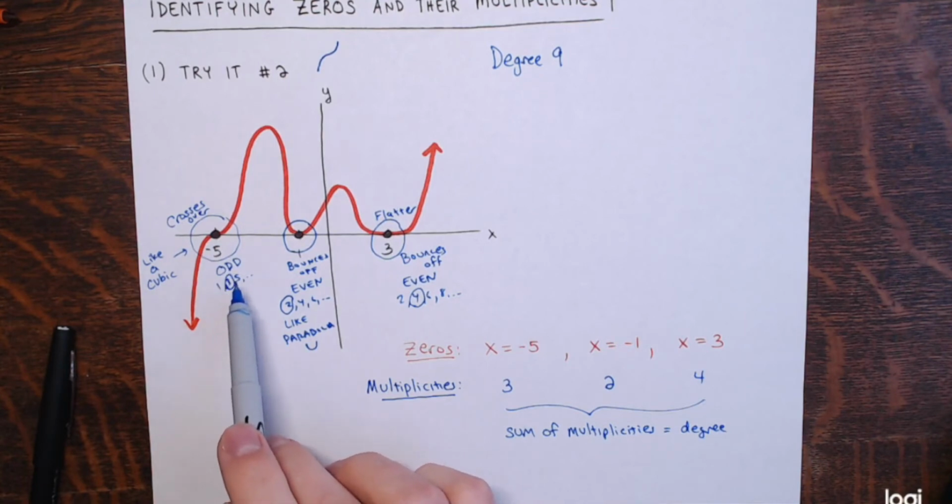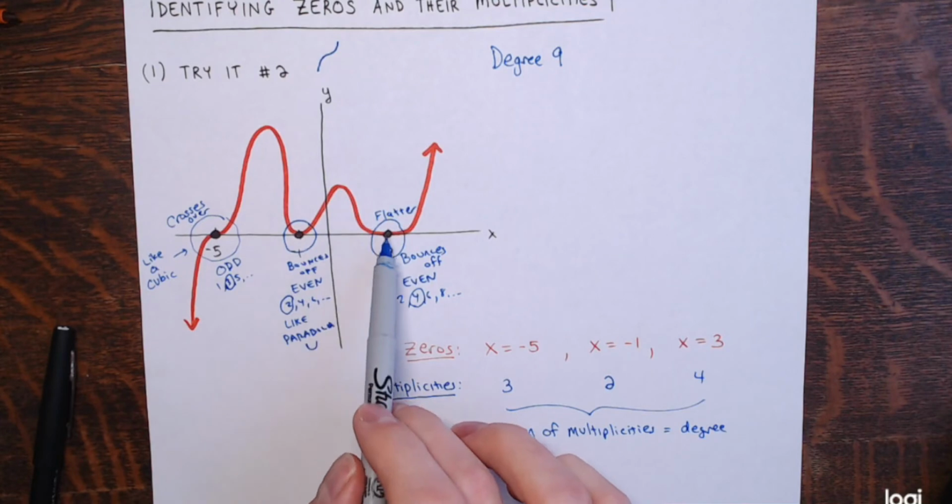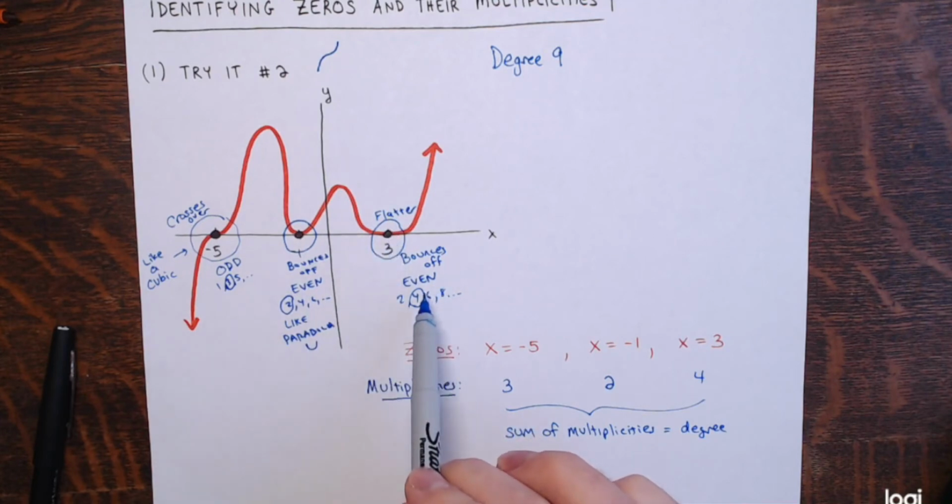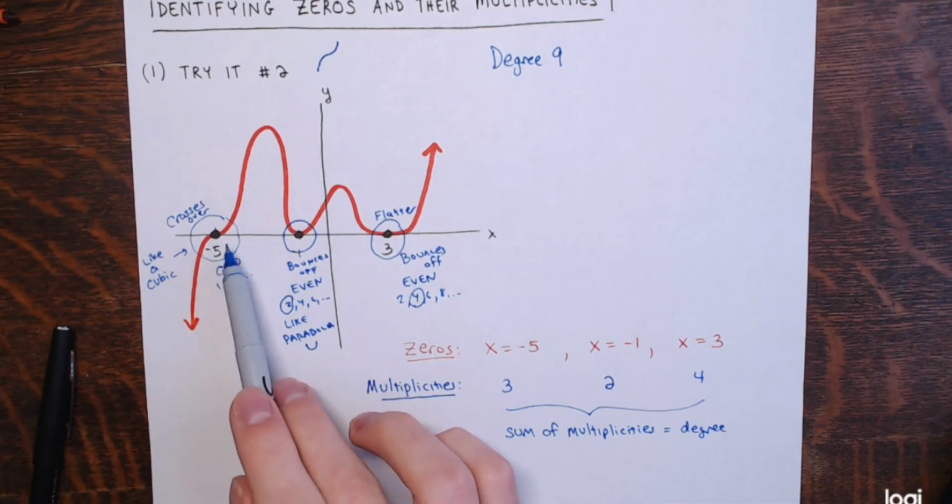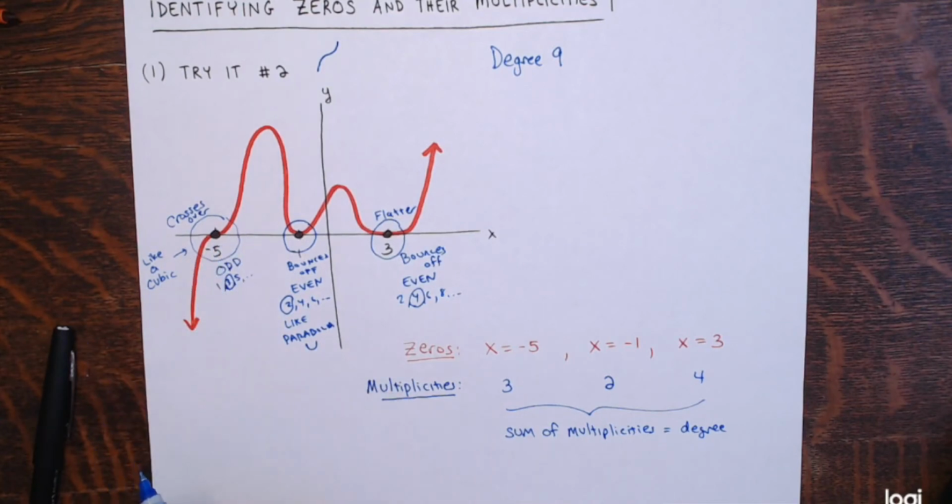If it just bounces off the x-axis, that 0 should have an even multiplicity. And the flatter it comes in, the higher the multiplicity. Just keep that in mind. And the sum of the multiplicities of all the complex zeros, not just the real zeros, should be equal to the degree of the polynomial. A lot of stuff to think about.